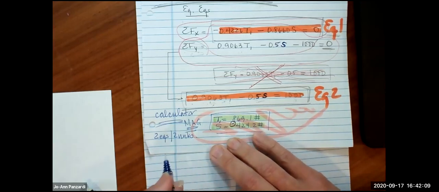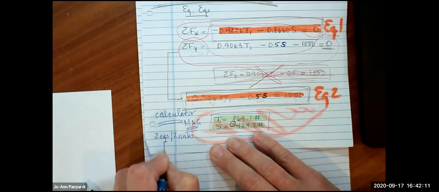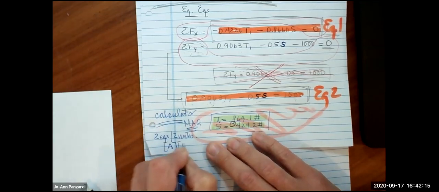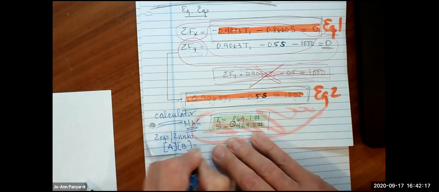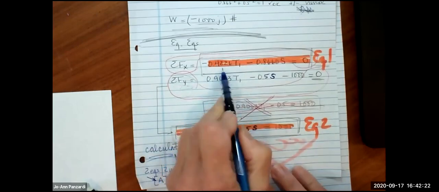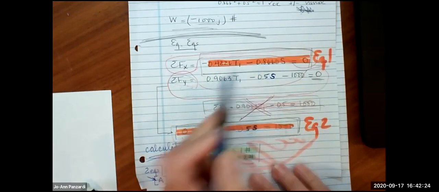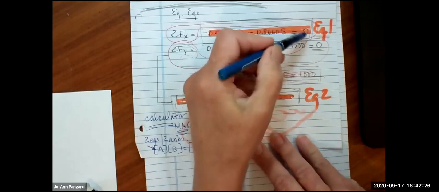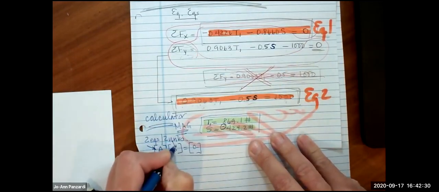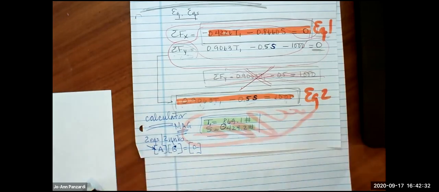Otherwise, you could set it up as a matrix, and the matrix is A times B is equal to C. And we know A because we know the coefficients of T and S, and we know C because we know the 0 and the 1000, and we solve for B. My plan today is to make a short 5-minute video on how to set up the matrices.